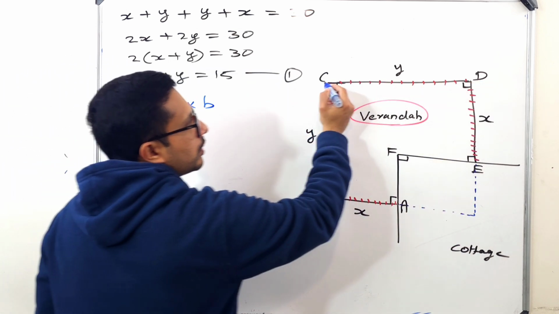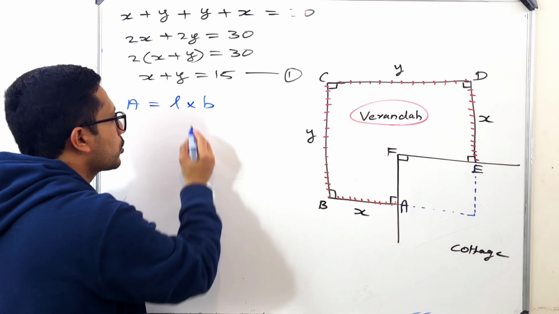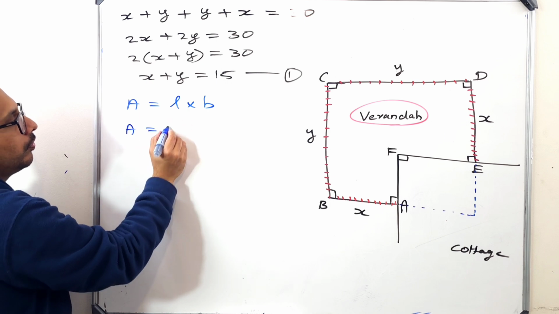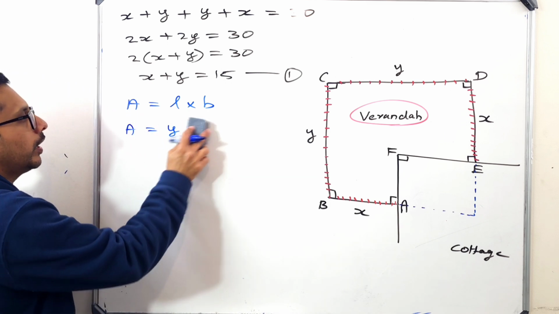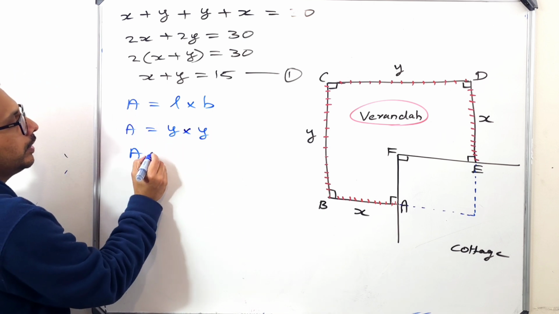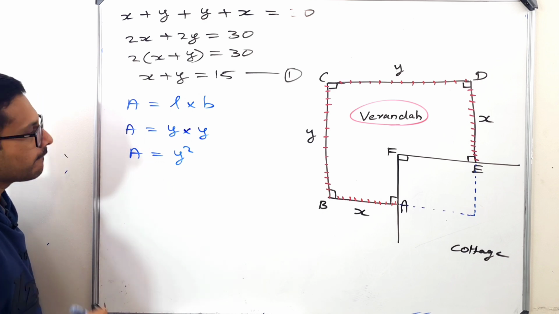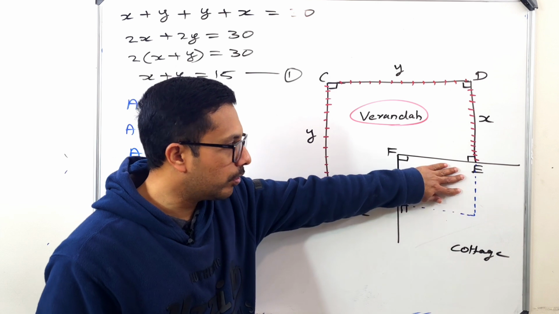What is this length? y. What is this length? y. So the area A is equal to y times y, that is y squared. So the area of the full part is y squared. Now you have to find the area of this small part.